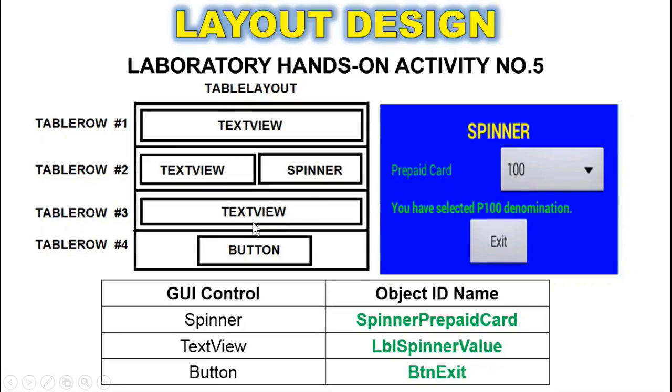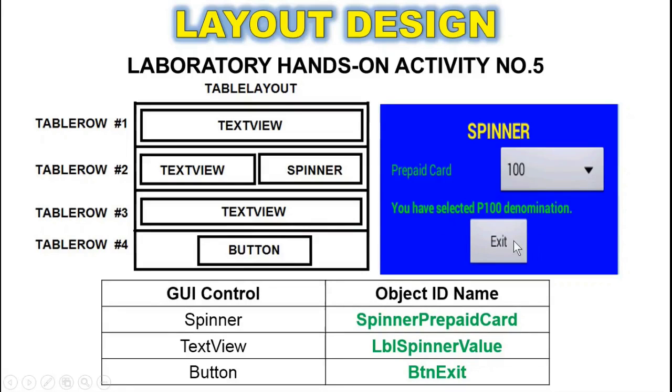The third table row contains a text view that displays feedback about the prepaid card denomination value selected from the spinner. Finally, the fourth and last table row contains an exit button.